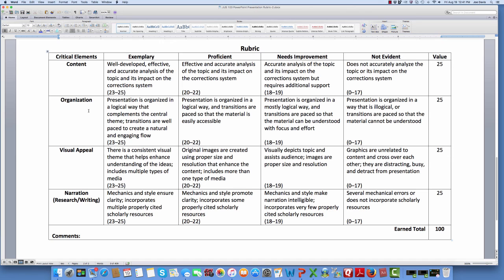Okay, when we look at organization, the presentation is organized in a logical way that complements the central theme. Transitions are well paced to create a natural and engaging flow so that it's easy to follow and appealing. The visual is, there is a consistent visual theme. In other words, all of the slides look similar. There's that theme, as you'll see in PowerPoint when you're putting your presentation together, and it enhances the understanding of the ideas. And you may include multiple types of media.